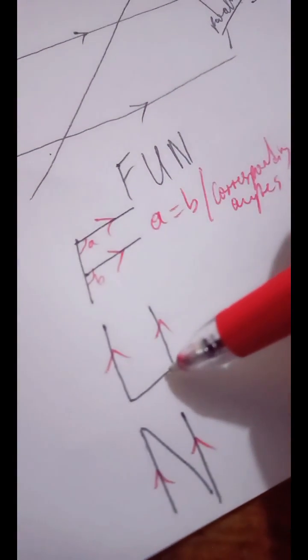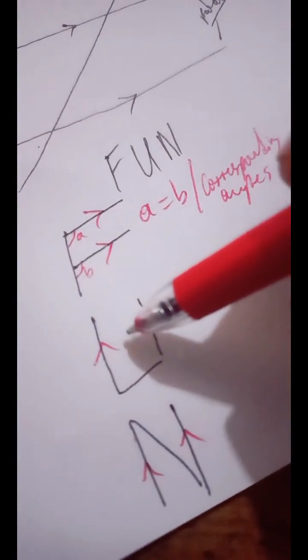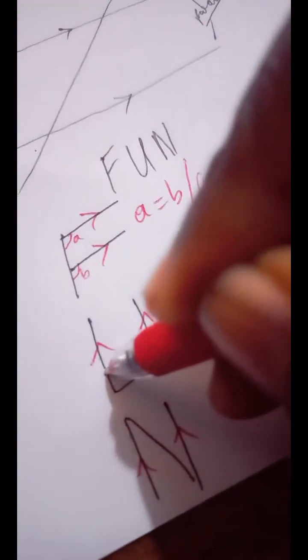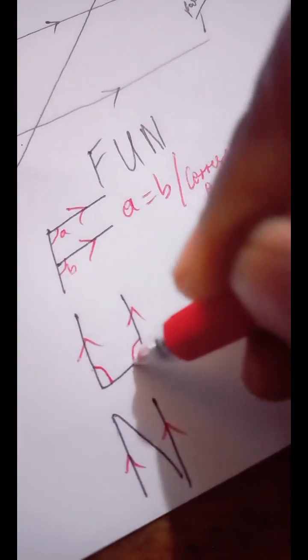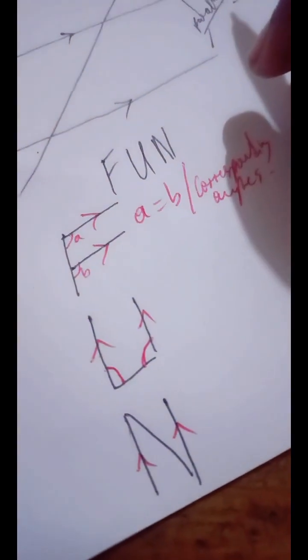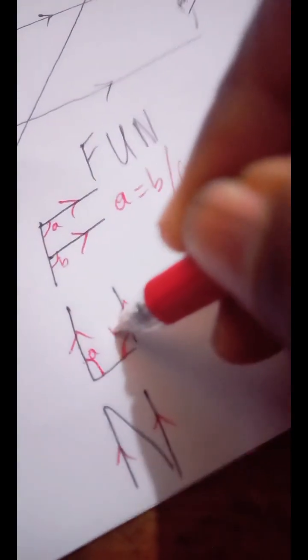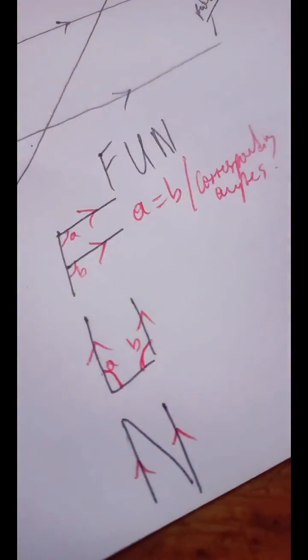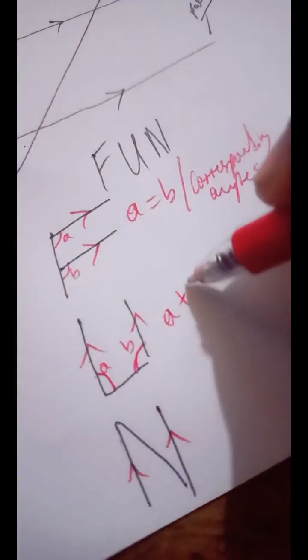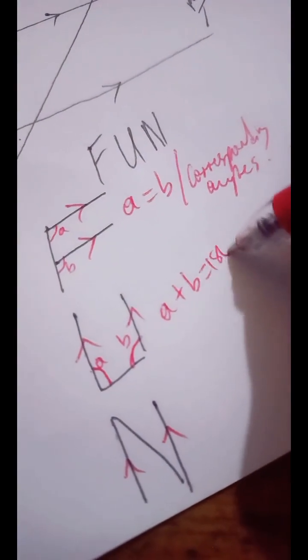From there, we go to U. F, U. We have this angle and this angle. U is different from this one. A and B: A plus B is equal to 180.